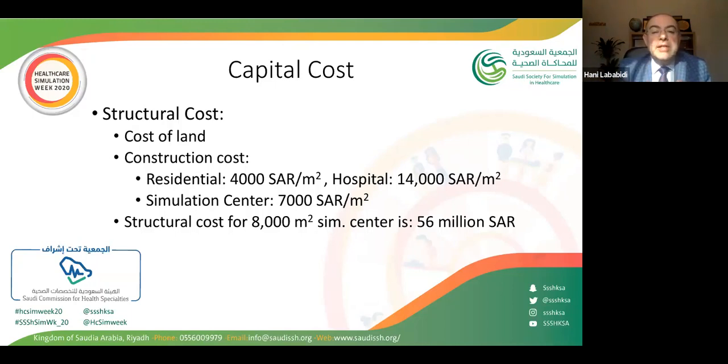So a simulation center is not a hospital for sure, and it is not a residential house for sure. It is about 7,000 Saudi riyal per square meter. You can get a good level of simulation center. So if we go back to our example, an 8,000 square meter center will cost you about 56 million Saudi riyal just for the building. We're not talking about equipment.